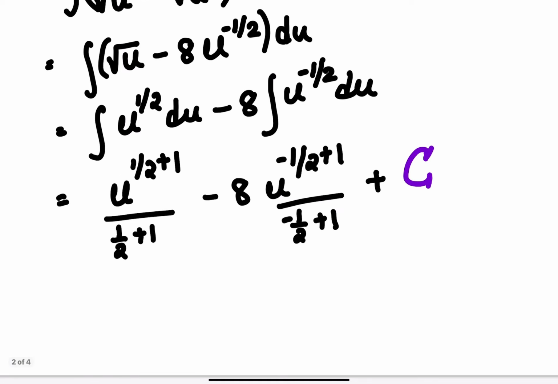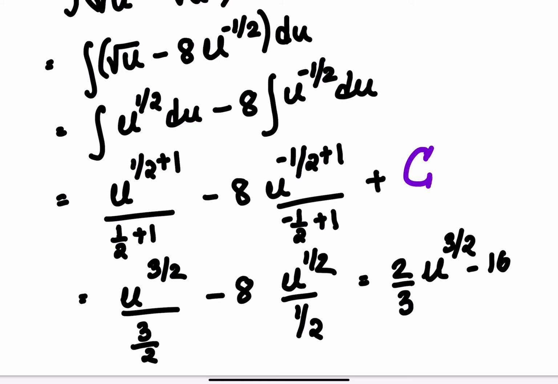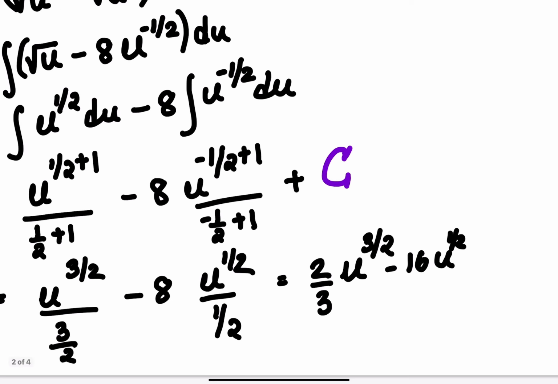And now this is nothing but u to the power half plus 1 is 3 over 2, over 3 over 2, minus 8 u to the power half over half. So 8 divided by half, this is going to be 2 over 3 u to the power 3 over 2 minus 8 divided by half is 16 u to the power half plus C.